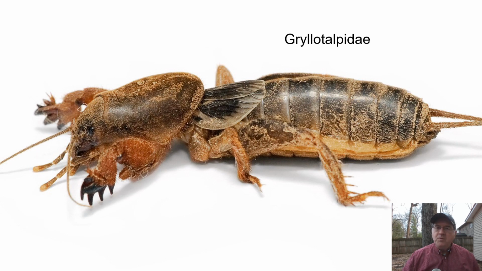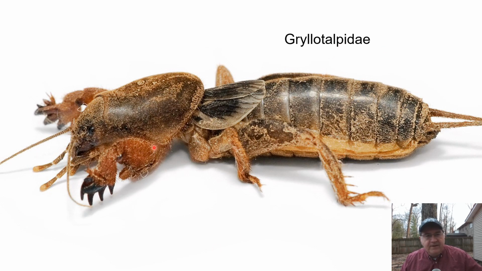Some more bizarre kinds of things are like the gryllotalpids. Now we're starting to get into really weird stuff because we're going underground. Some crickets will live in shallow burrows underground, but now we're talking about real burrowers, like the mole crickets or gryllotalpids. If you ever took mammalogy, the talpidae are moles, and so these are mole crickets, exactly what the name means.